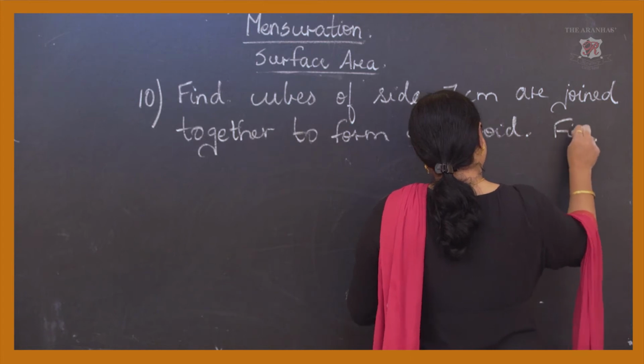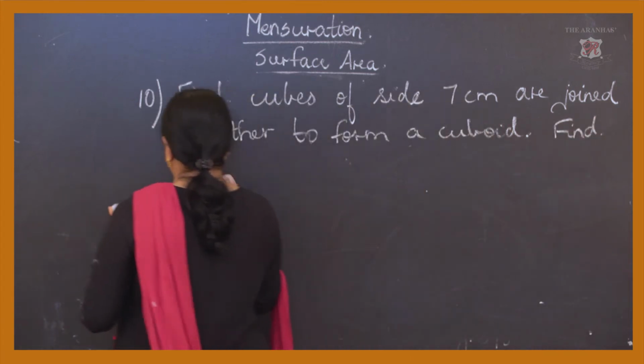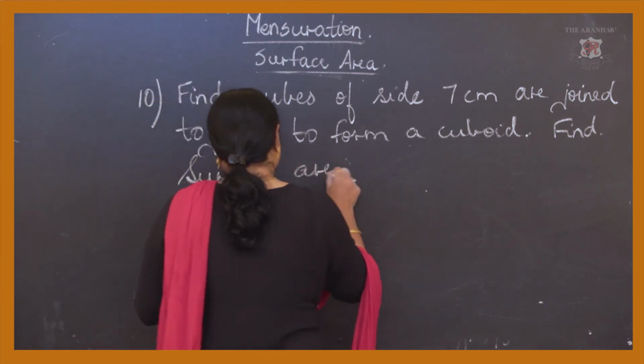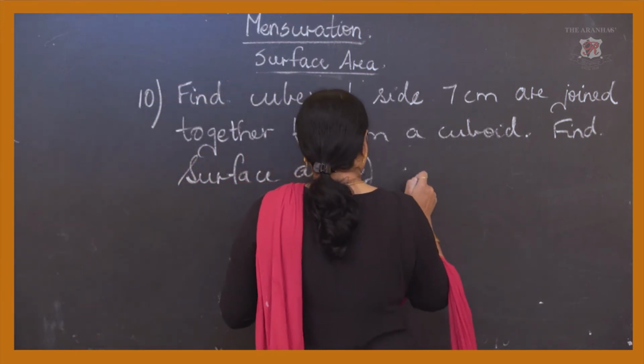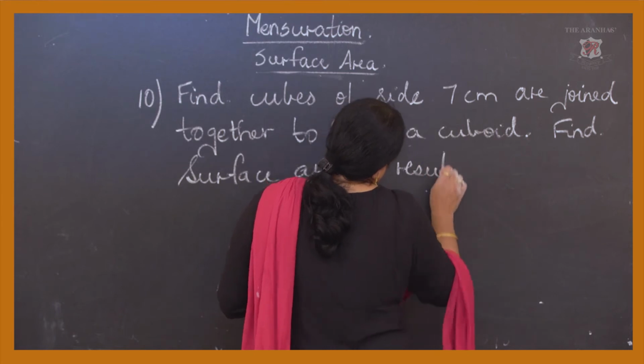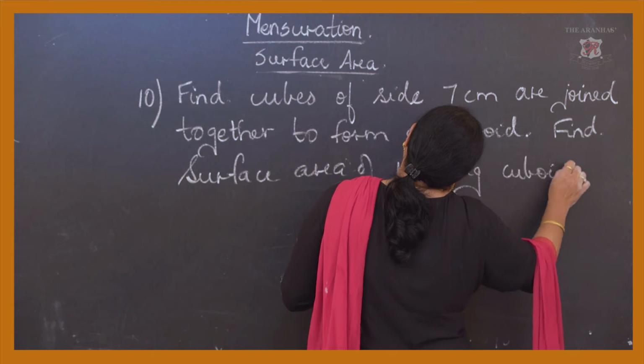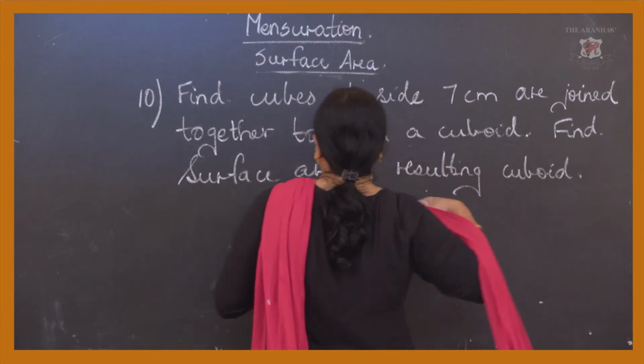You have to find the surface area of the resulting cuboid. You have to find it.